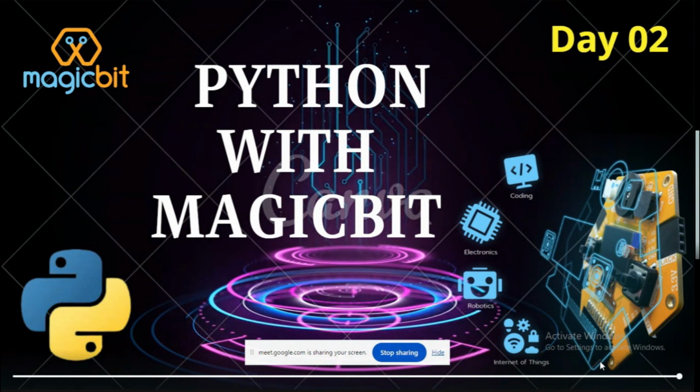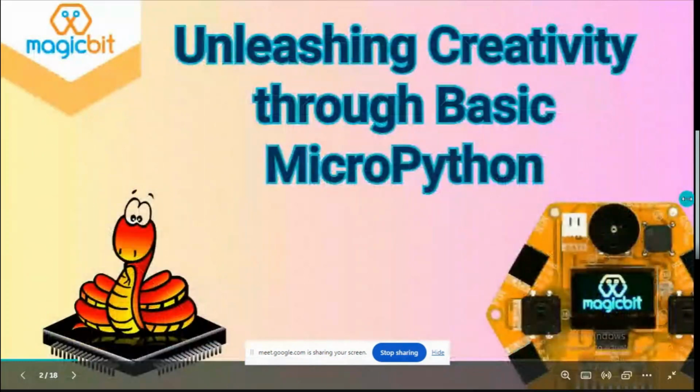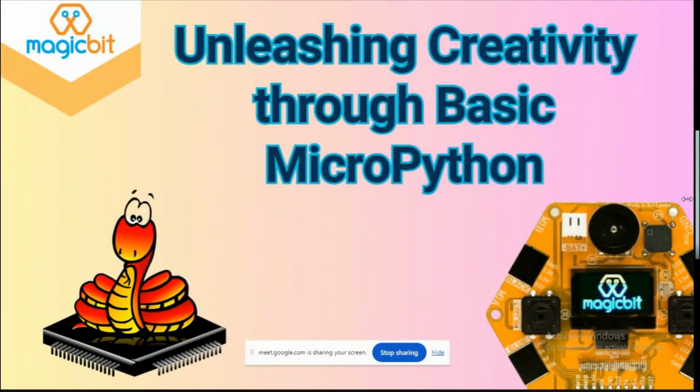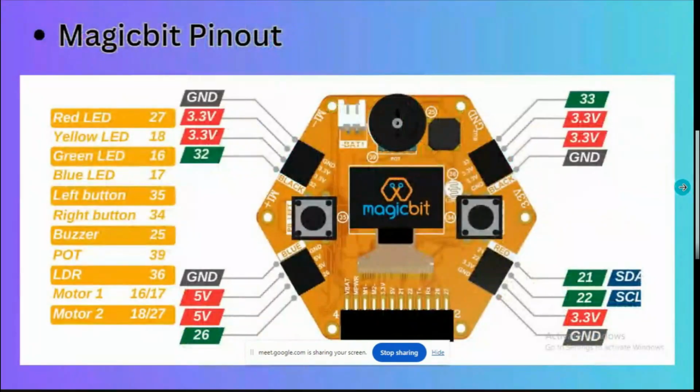I also showed you how to install the programming platform, the Thonny IDE, on your computer, and we did a small activity to display some text in the Thonny IDE with the help of MicroPython and Magicbit. After covering all these things, today we are going to use the Magicbit display to display some text.